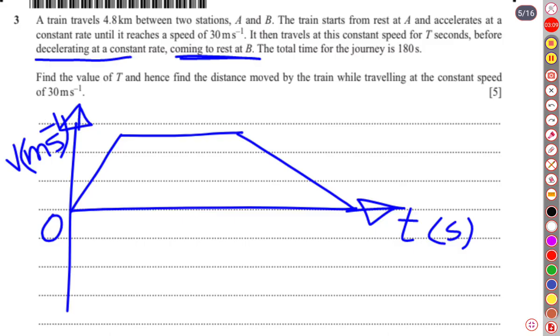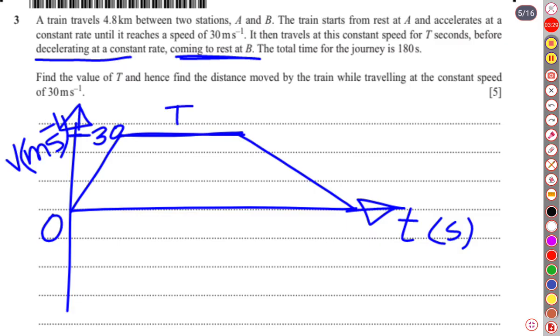Look at this. It first goes up to 30 meter per second. So, here it is 30. Let us write here 30. So velocity is 30 when it was accelerating at a constant rate. Then this is our t.